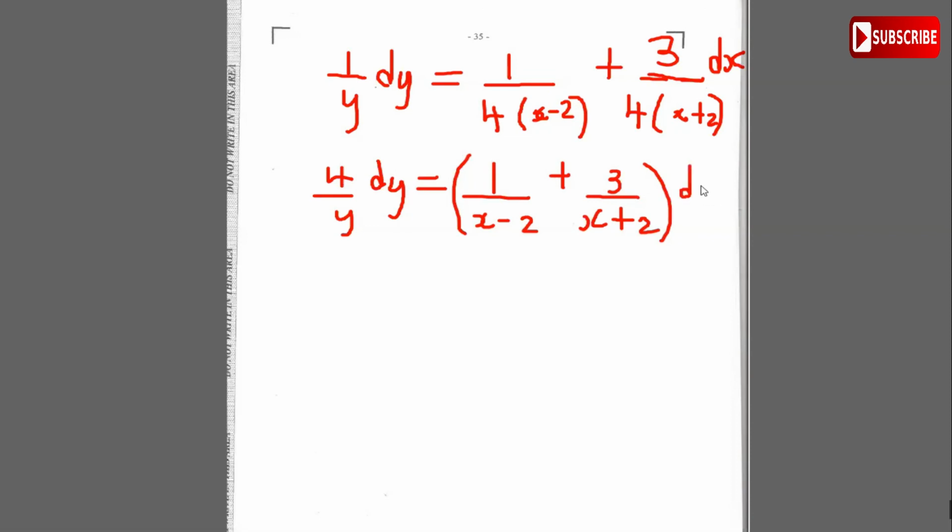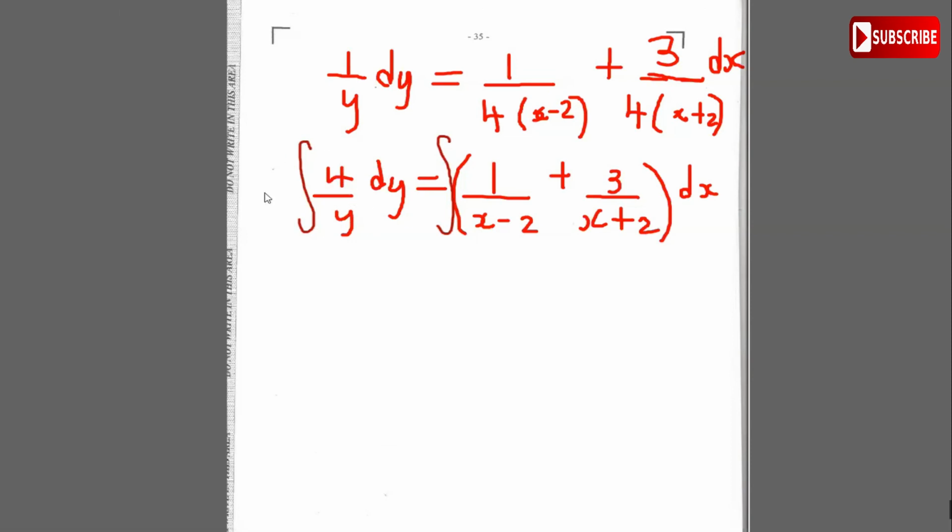So now that this is what we have, what we can do is now integrate both sides with respect to y. Integrating both sides with respect to y, what you're going to get is 4 over y dy.